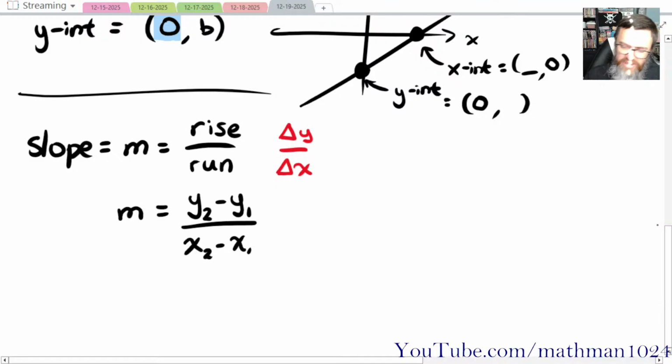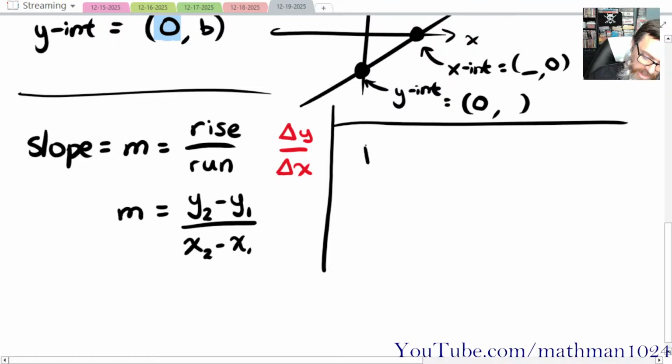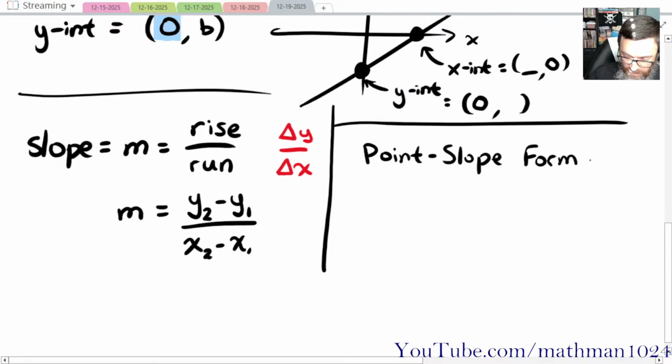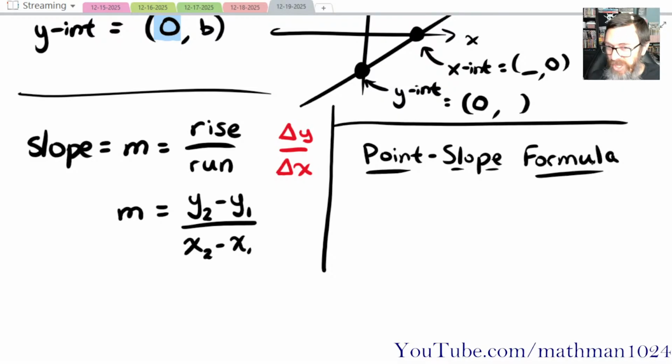All right, the one last thing that I want to talk about in terms of these formulas is one that I rarely use, and that's the point-slope formula. Now, I say that I rarely use this. It's because I rarely use it now. Back in the day, I used this all the time because it was all I knew.